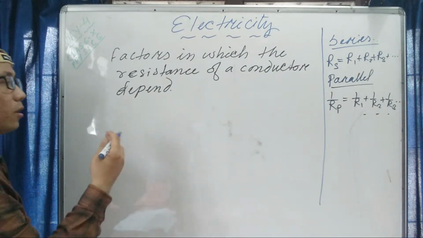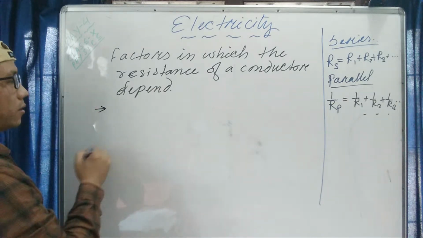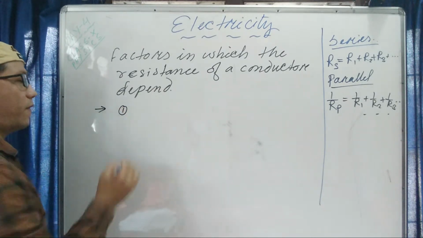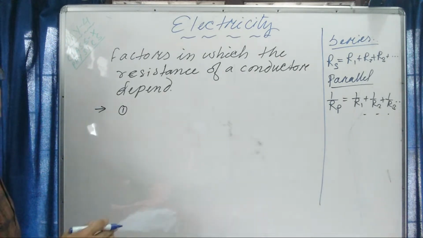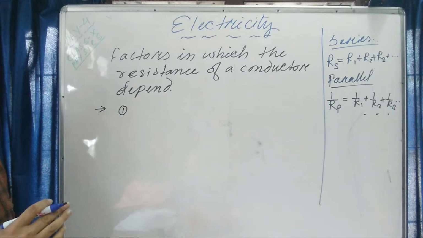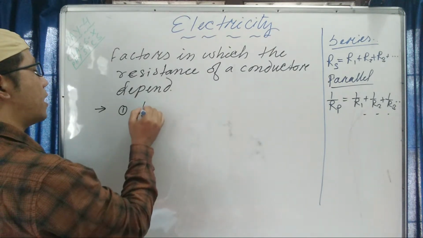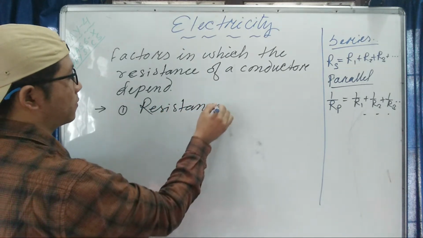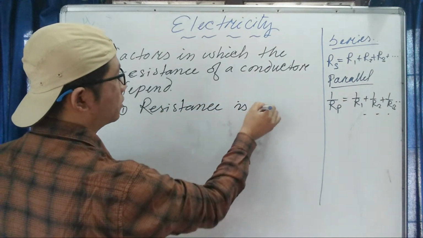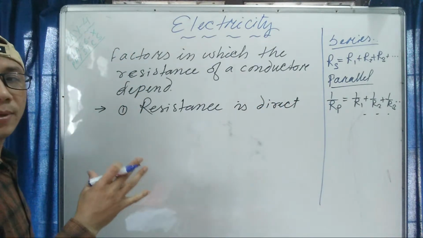The first factor is that the resistance of the conductor is directly proportional to the length of the conductor. We have already given you this, but we still have to develop one equation.